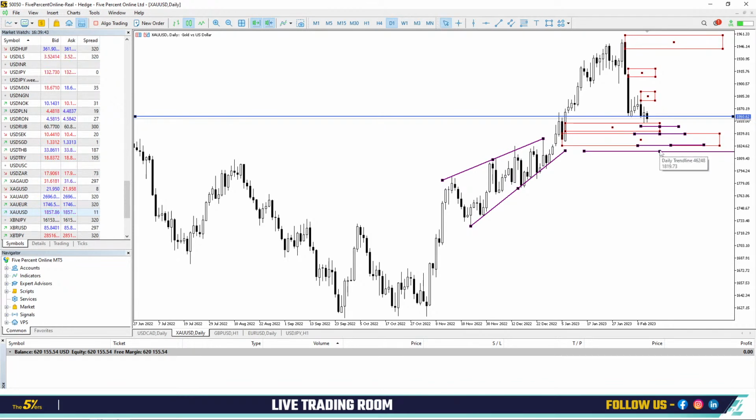But the lower the market goes against me, the more I add into my position to build my whole trade. So how much do I risk per trade?